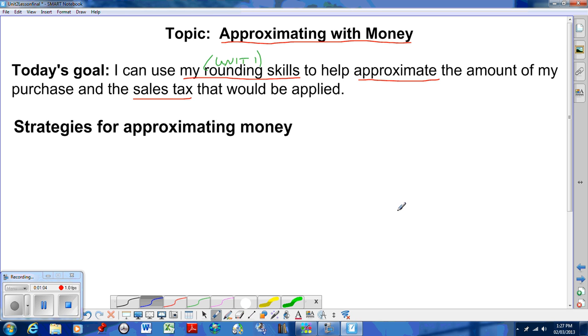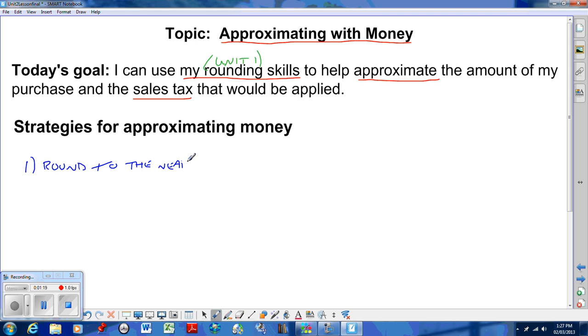So strategies for approximating money. One of the first skills, skill number 1, is we round to the nearest 50 cents.